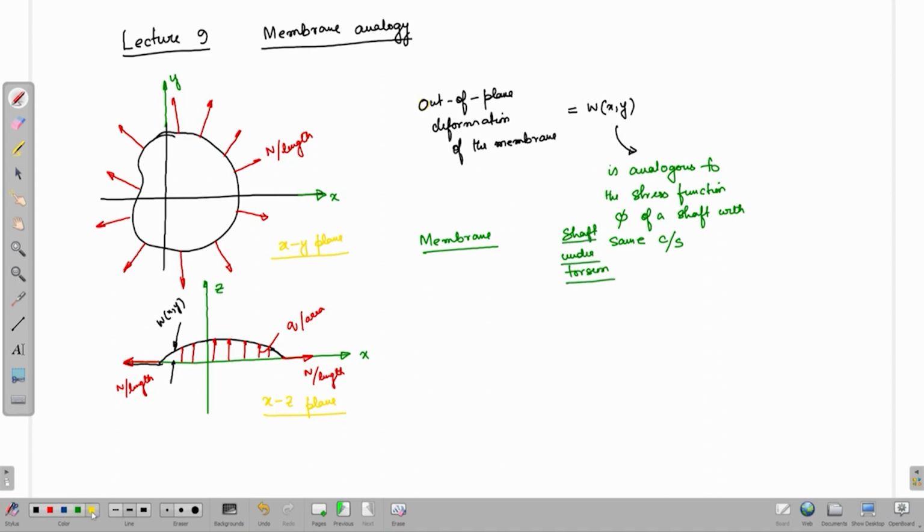So, what I have is that the shape of the membrane is same as the shape of the cross section of the shaft.